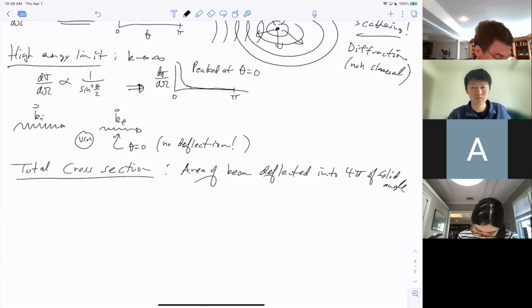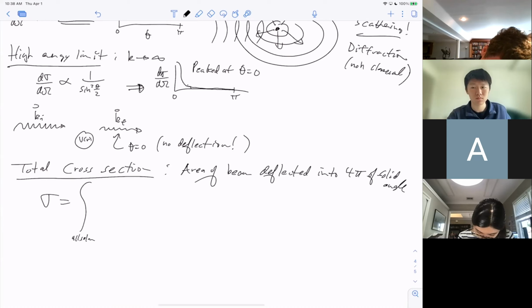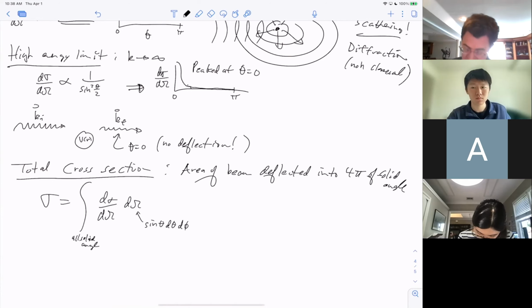And so we can calculate that pretty easily, because it's just going to be sigma is equal to the integral over all solid angle of d sigma d omega, where d omega is sine theta d theta d phi, right? That's d omega.